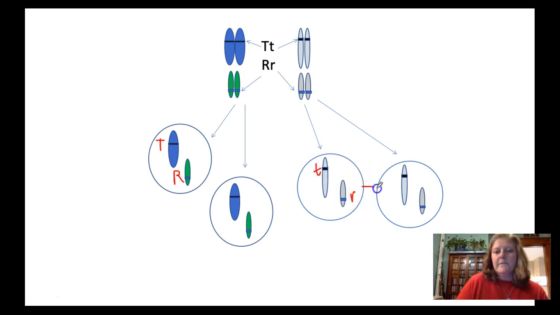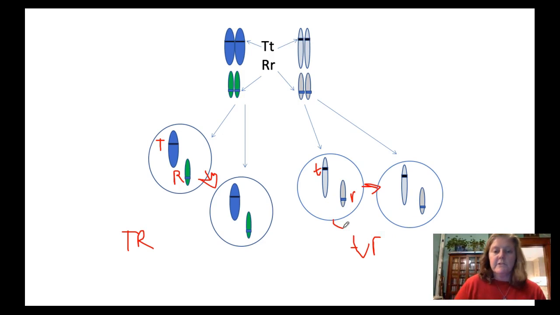And this one would be the same here, and these two would be the same. So we can see that's one possible combination. We could get a big T and a big R in one of the gametes, or we could get a little t and a little r in a possible gamete.